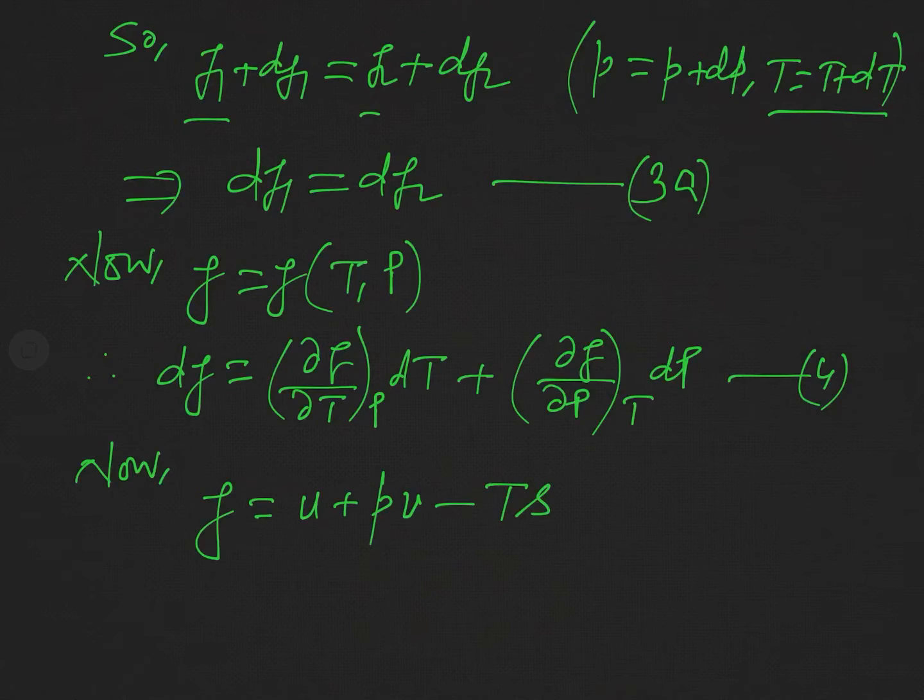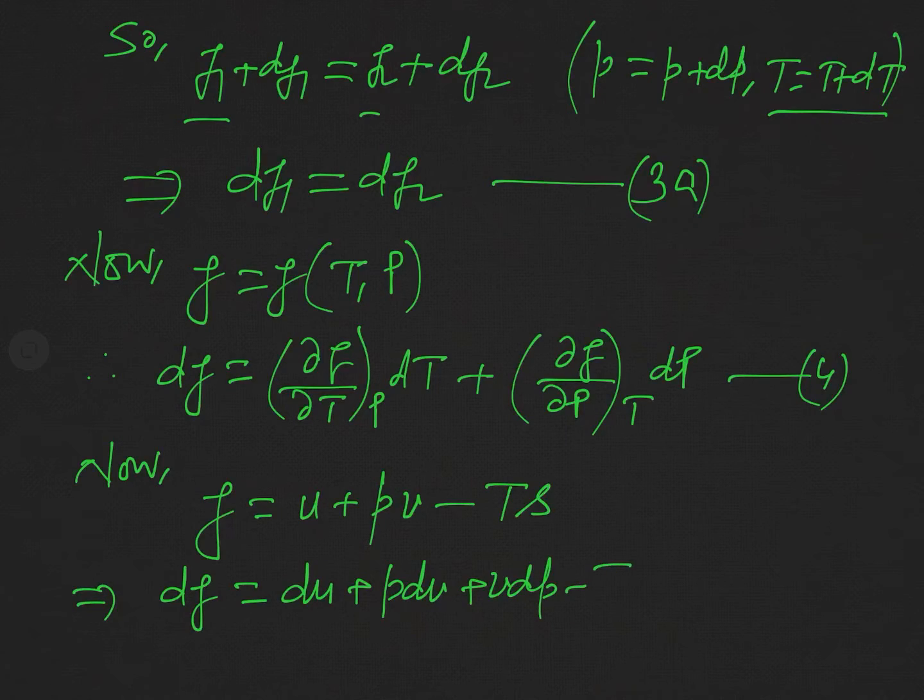Here, small u, small p, small v and small s all represent the specific values of the quantities, and G is also a specific Gibbs potential. And from here we will see that dG is equal to du plus P dv plus v dP minus T ds minus s dt.